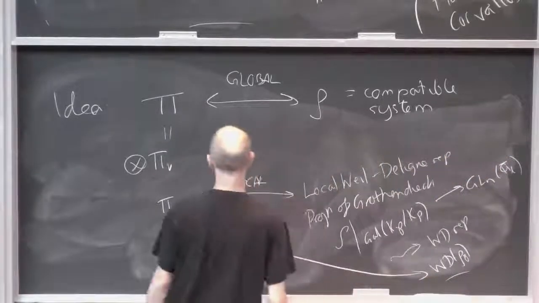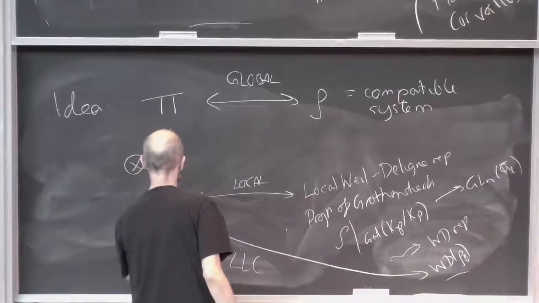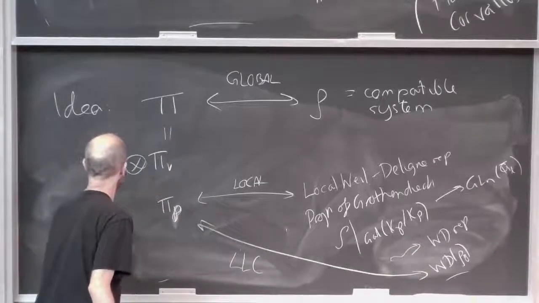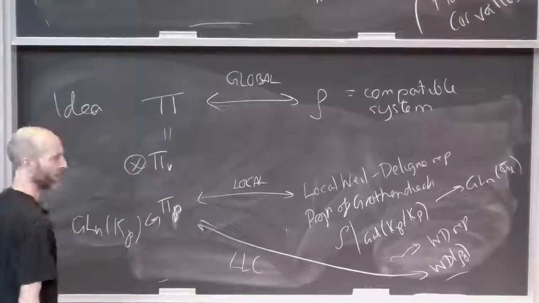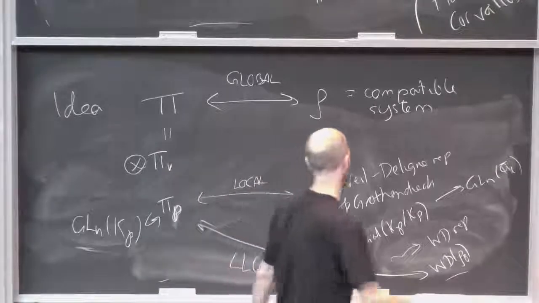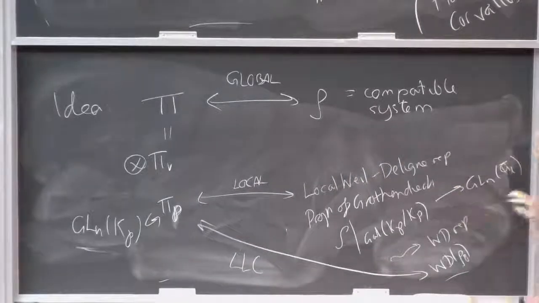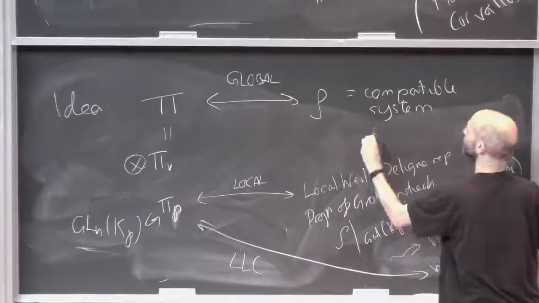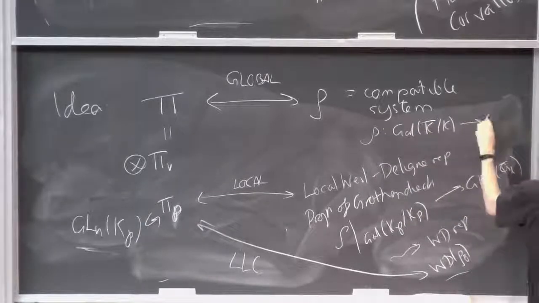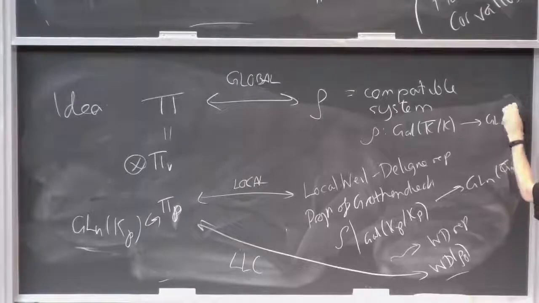Let me get my p's straight. This is a p, and that pi p is going to be a representation of GLn of kp. And that p is finite. So that was what we talked about last week. And now this is a global rho. So these representations are Gal(k bar over k), k is global, to GLn of Ql bar.